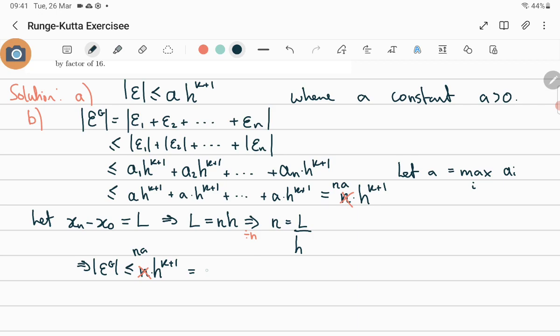I'm going to replace my n with L divided by h. Then I have a times h to the k plus 1, and h to the power of k plus 1 divided by h gives me h to the power of k.